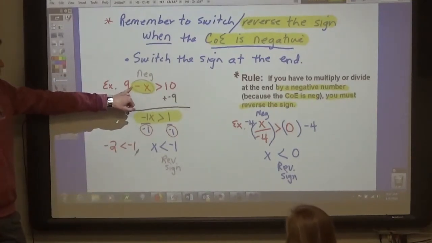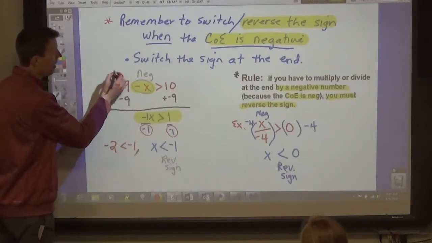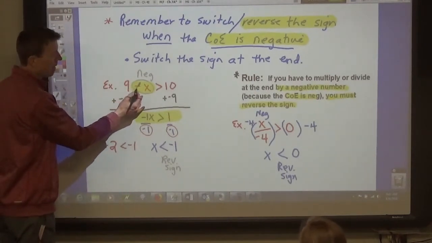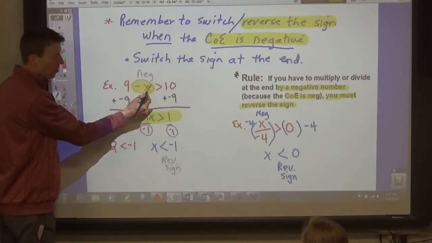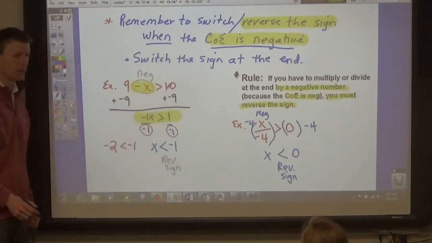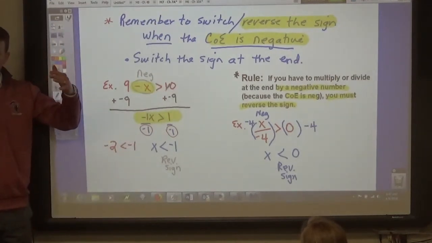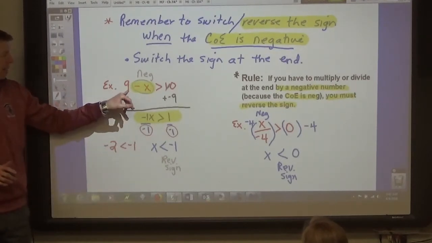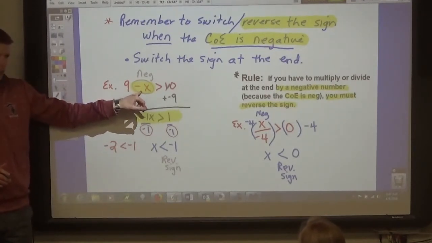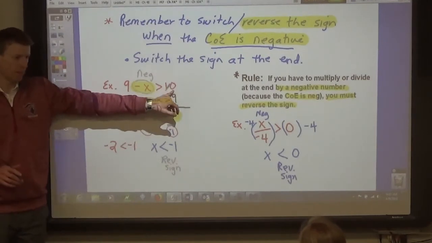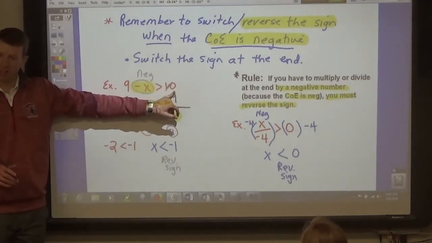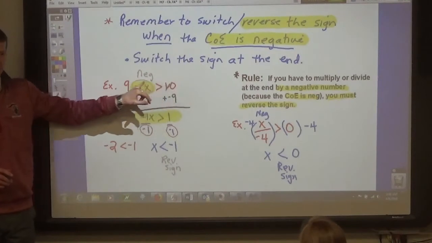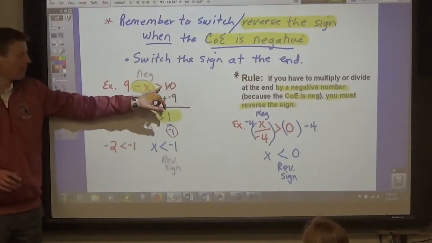If you put negative 2 here, then it would say 9 minus negative 2 is greater than 10. Minus negative equals plus. So it would mean 9 plus 2 is greater than 10. And that is true, isn't it? 9 plus 2 is 11, and 11 is greater than 10.